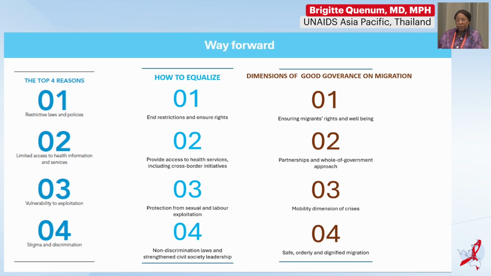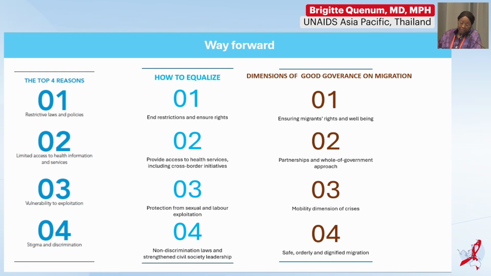For instance, if you look at the right side of the slide, under the dimensions of good governance on migration, you will see that there is the third point around the mobility dimension of crisis.